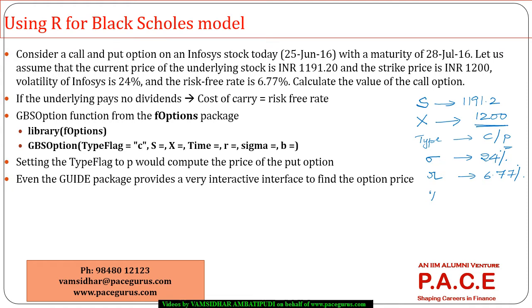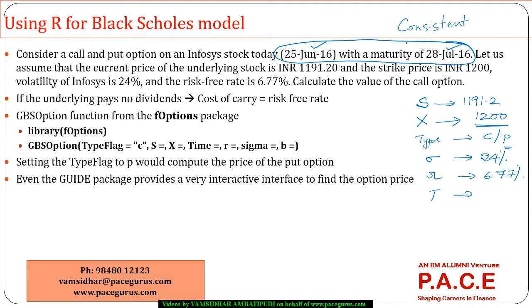And I also need to know the time to maturity. I can take it as the time period between today's date and the maturity date, and compute it. Either I can take it in terms of calendar days or trading days, but it is better to be consistent.